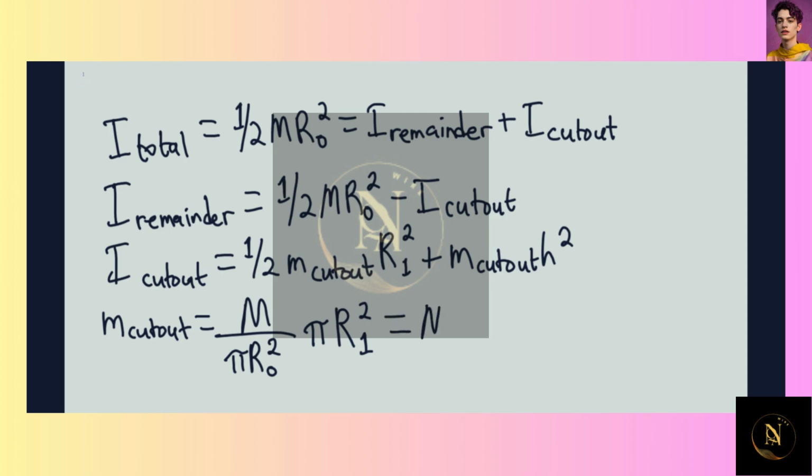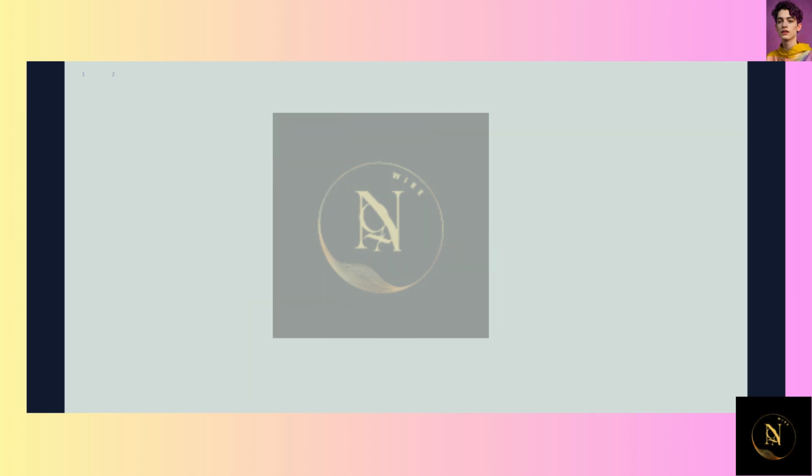This is equaling m r sub 1 squared divided by the total area, r sub o squared.